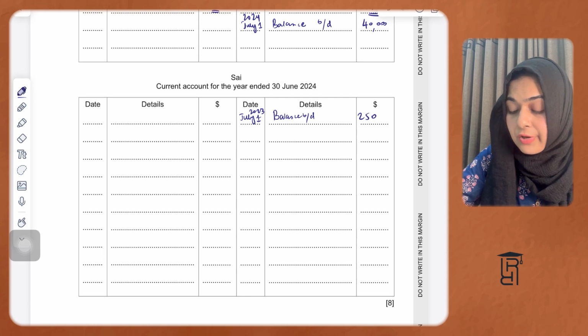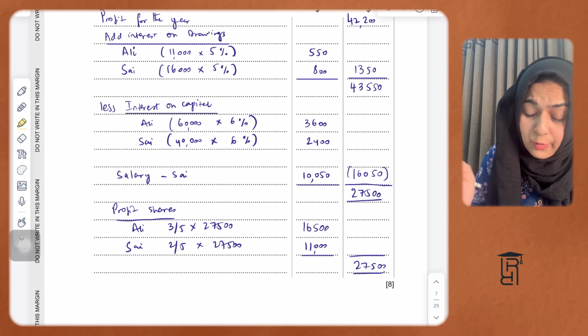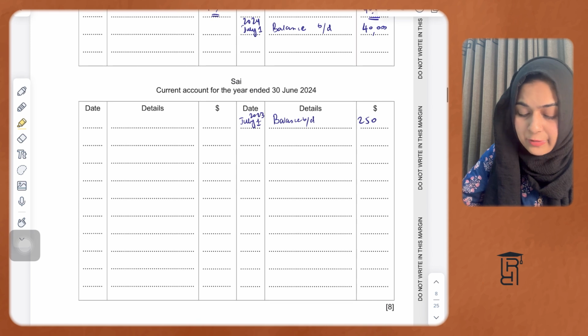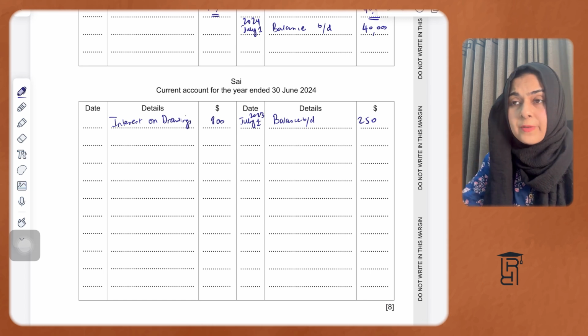Then we need to record whatever there is in the appropriation account. Interest on drawings needs to be recorded on the debit side of the current account. So I'll write interest on drawings. Since it's a T account that I am preparing, I am supposed to write full forms of everything.